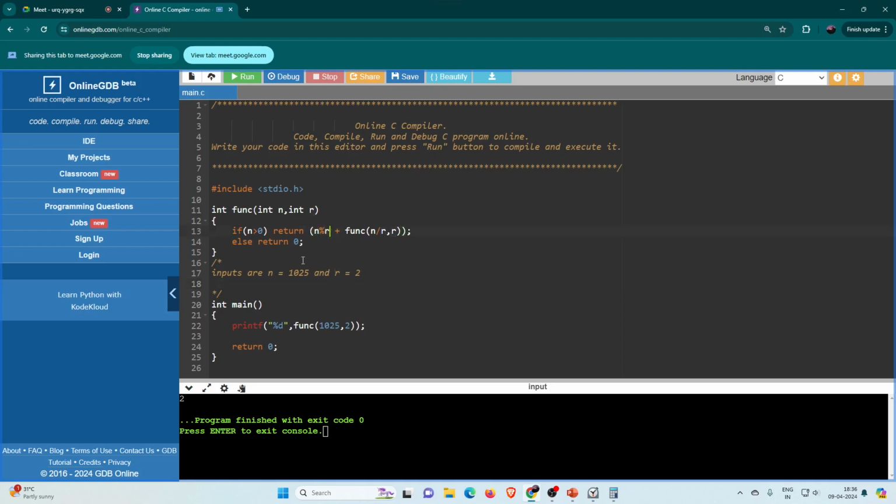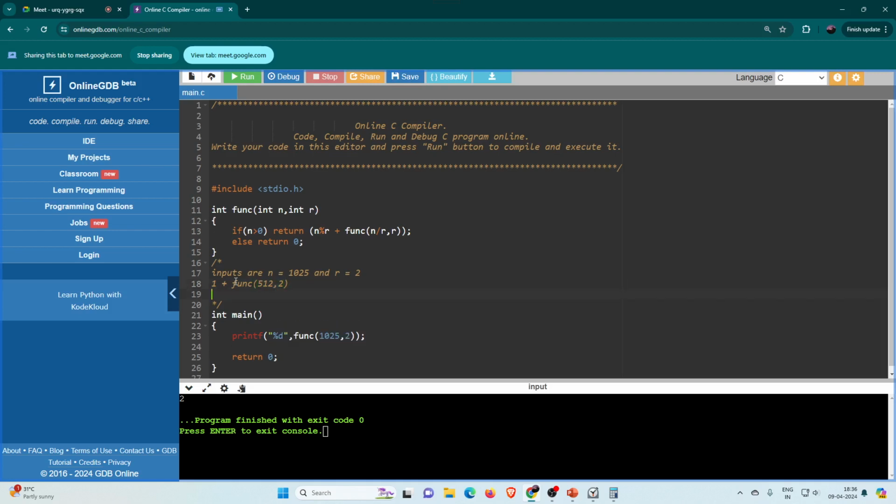It is returning this thing, n modulo r. Since 1025 is odd, if I take the remainder with 2, it will be 1, and then I'm calling the function again, and the new values are 512, comma 2, because 1025 by 2 is 512.